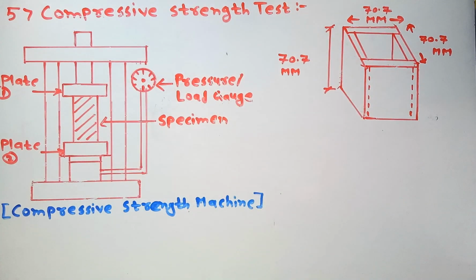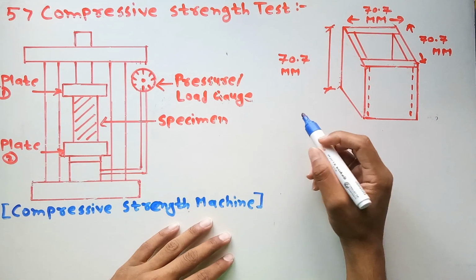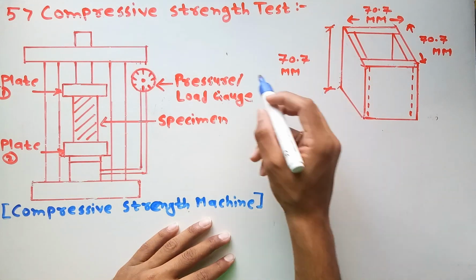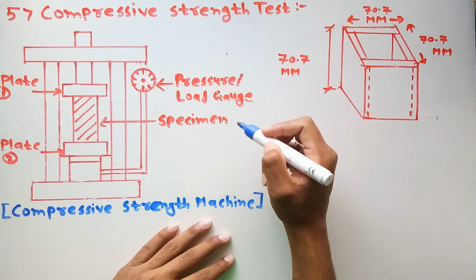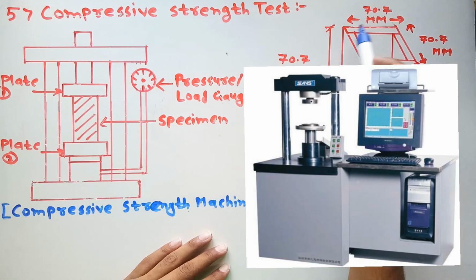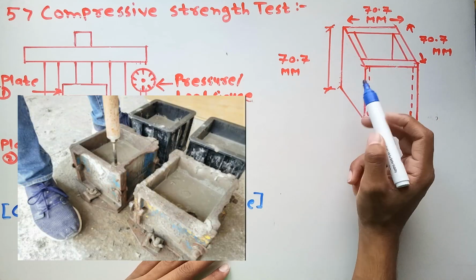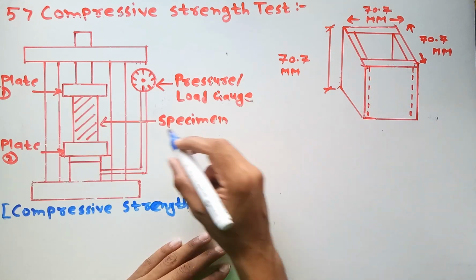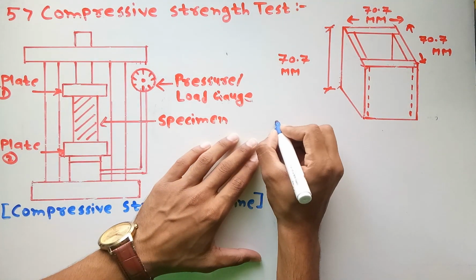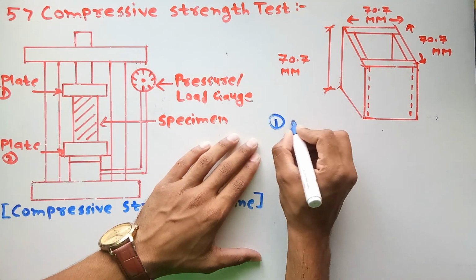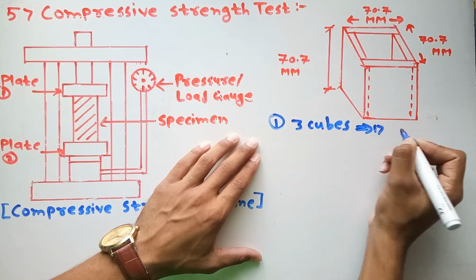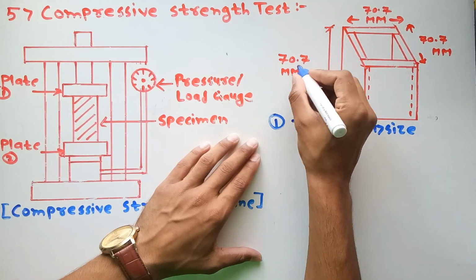Now we will move towards the actual process used to find out the compressive strength of cement. The equipment that we need is a compressive strength machine, and we need a mold, that is a cement mold to make the cement cubes. Now the procedure. Initially we take 3 cubes, and the size of each cube is around 70.7 mm.